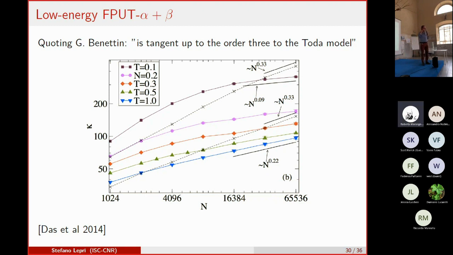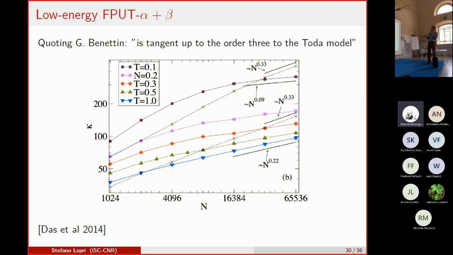So the same type of reasoning that I used should apply, because I can consider this FPU model as a perturbation of the Toda model. So it should have the same phenomenology, if my reasoning is correct. And you see that the simulations are in pretty good agreement with this idea.